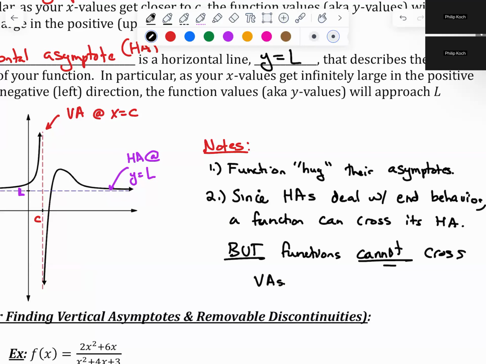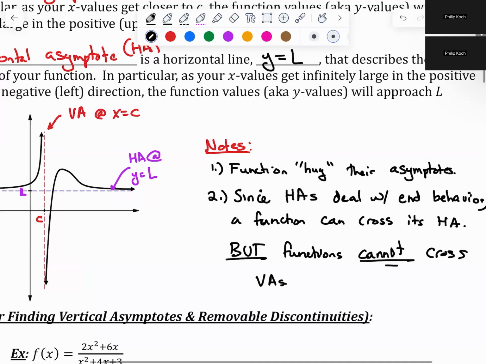That will make sense once we understand how to find them, but the fact of the matter is horizontal asymptotes deal with end behavior. So locally speaking, you can go over them just like I've drawn this picture.